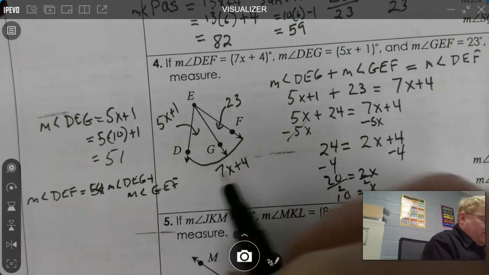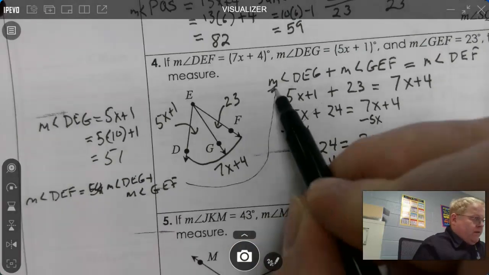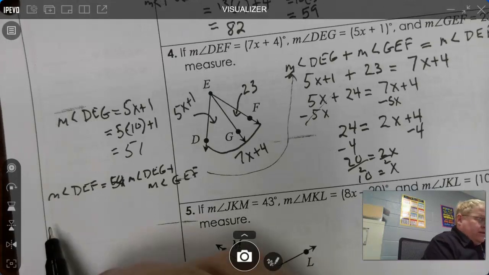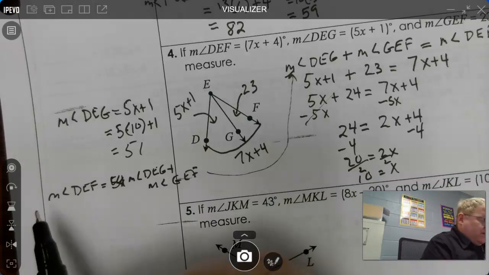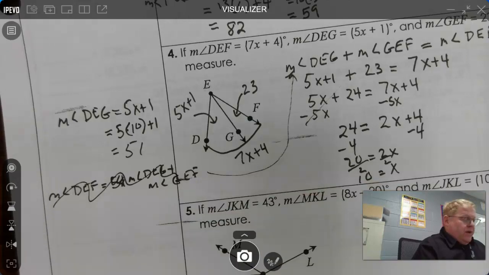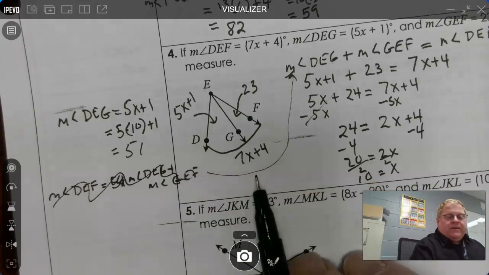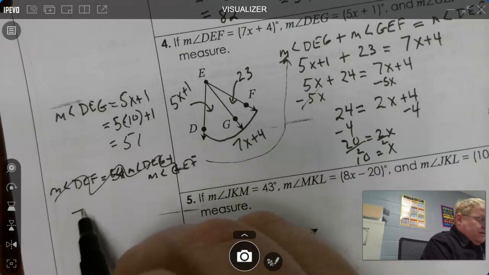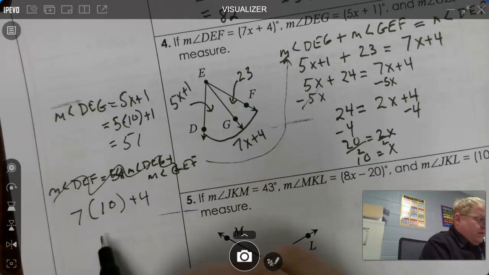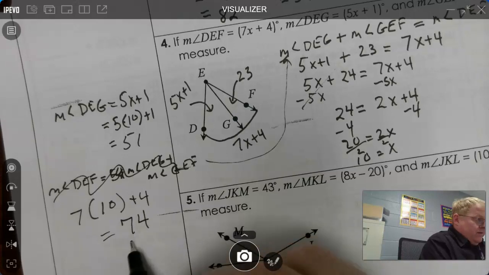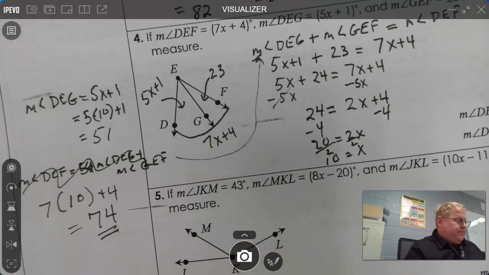I just copied that from this one. Oh, never mind. I'm making this harder than it is. Okay, we have DEF as 7x plus 4, so all I have to do is 7 times 10 plus 4. Sorry about that. I don't really need to do all that work. So it's 74 degrees.